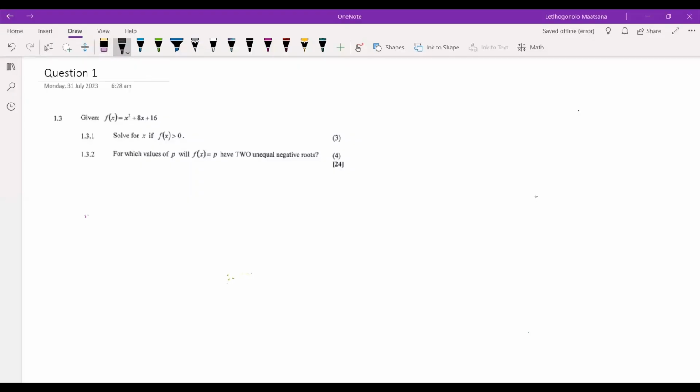Now, another way to look at it is to look at the nature of your roots. We have f of x is equal to x squared plus 8x plus 16 minus p. Now, the nature of our roots is determined by the discriminant. The discriminant is given by the equation b squared minus 4ac.